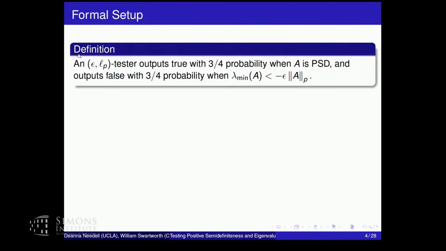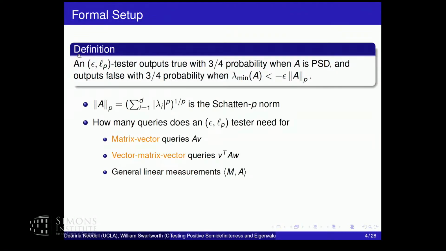This matrix norm, I've written A sub p, is the Schatten p norm. It's just the p norm of the eigenvalues of your matrix. So, are you PSD or are you sufficiently far from it in Schatten p norm? And when p is 2, this is the Frobenius norm.